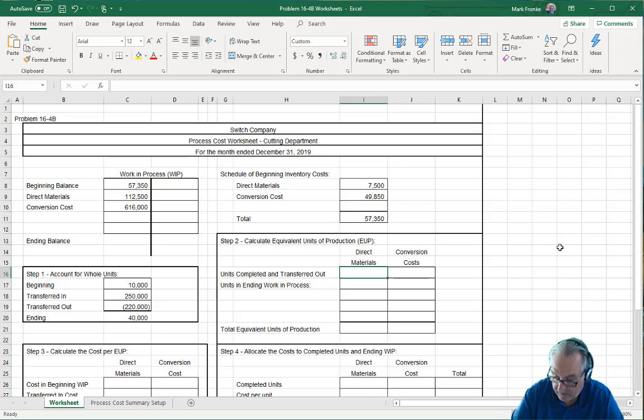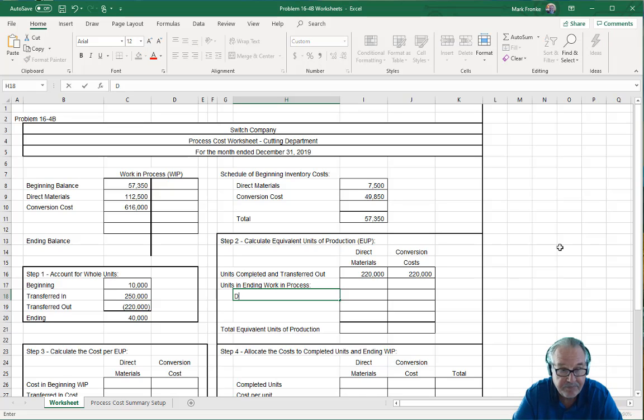So all the units that were transferred out, which was 220,000 units, are all done. They wouldn't have been transferred out if they weren't done. But at the end, we had 40,000 units that were only partially done. If we take direct materials first, we have 40,000 units in ending work in process inventory in this department times 50%.